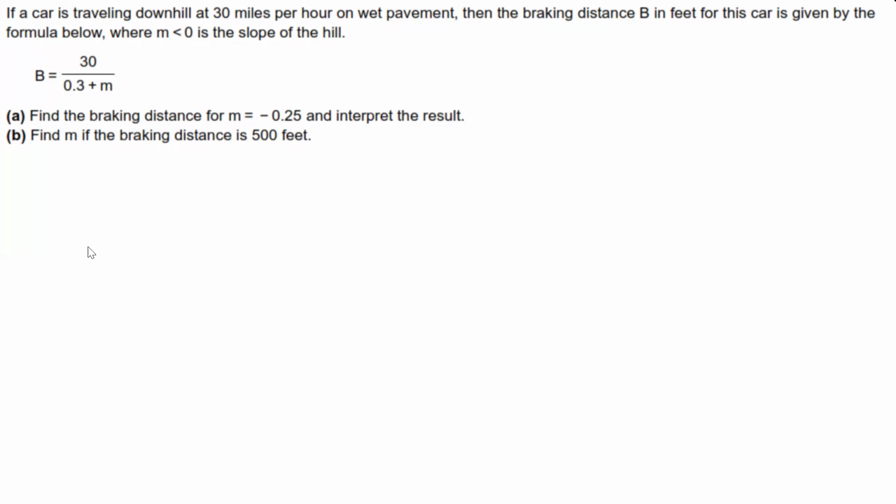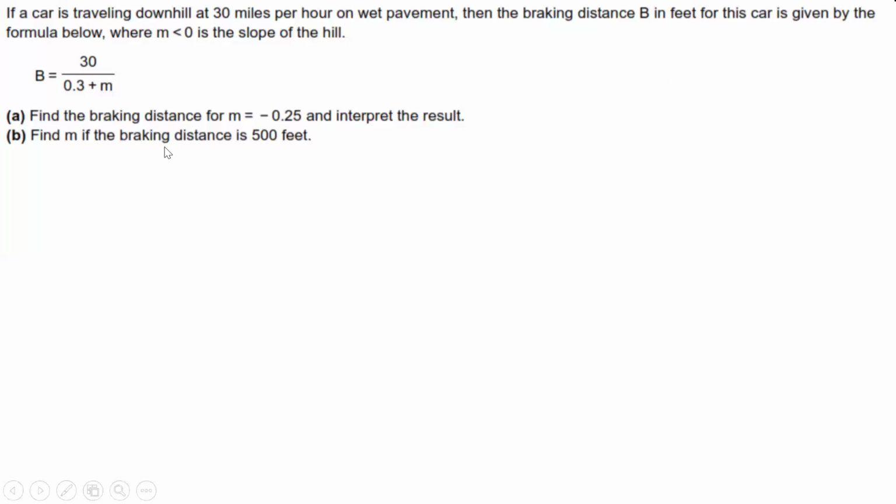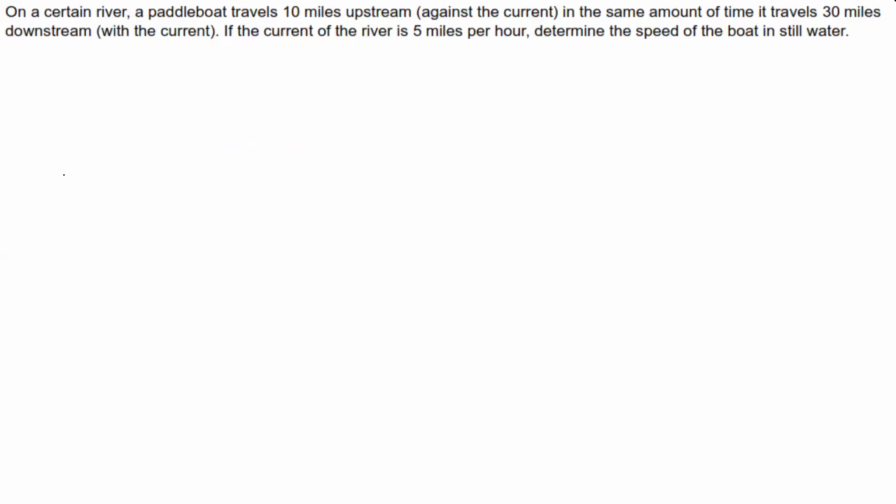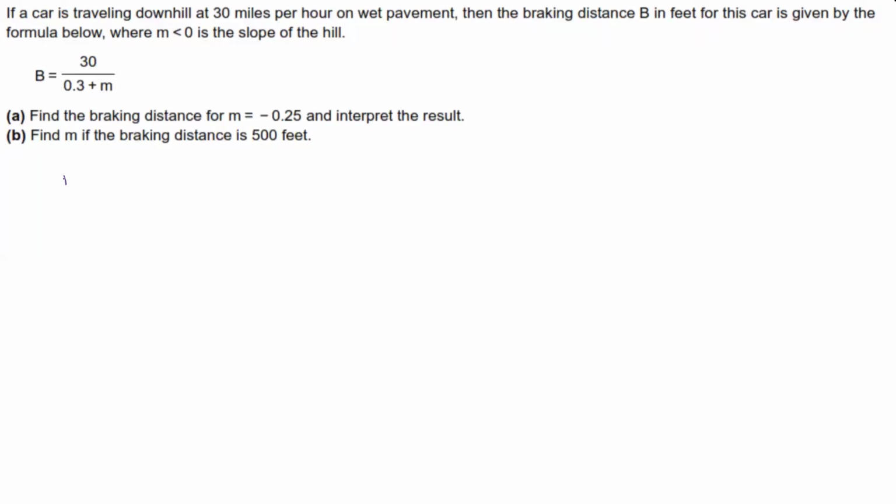All right, so for part A, we have to plug in the negative 0.25 for m. So B is equal to 30 divided by (0.3 minus 0.25). That's going to be 30 divided by 0.05.